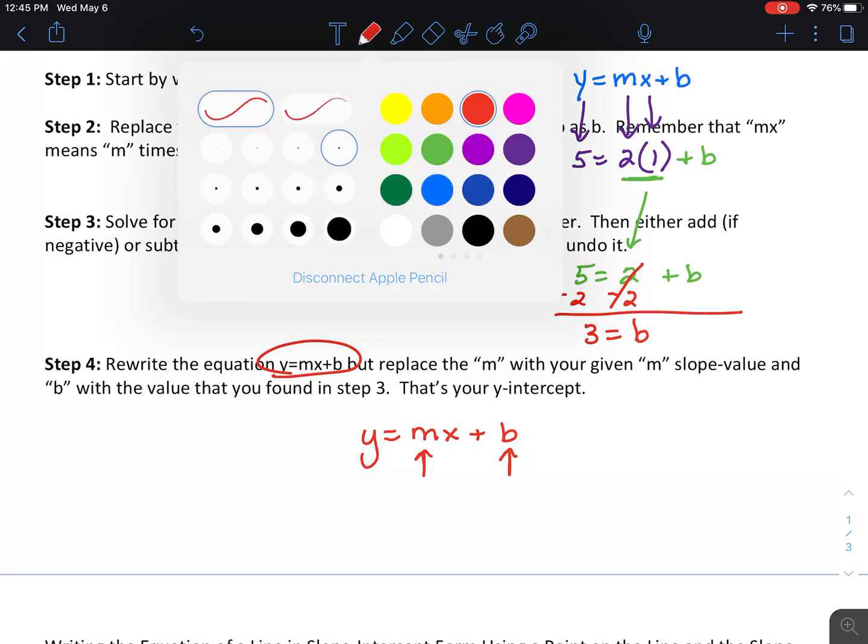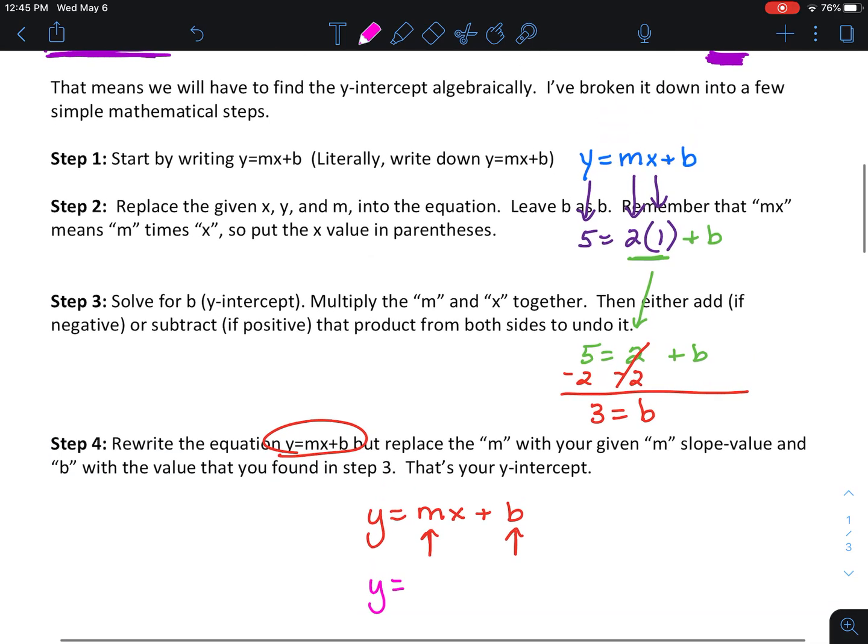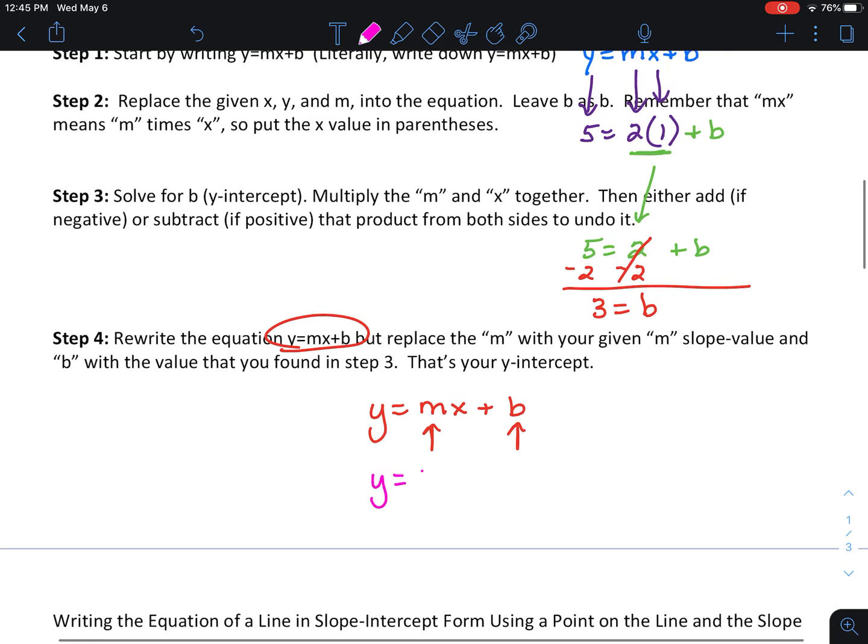Y gets to stay y. Y is equal to, do you remember what m was? M was equal to 2. So 2, x gets to stay x, and then plus the b. And what was b? B was 3. So plus 3.